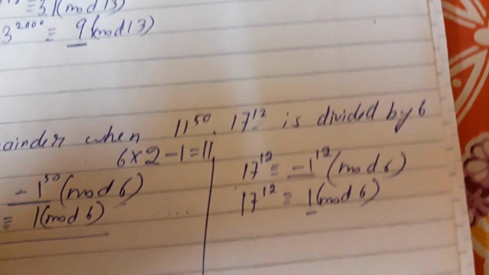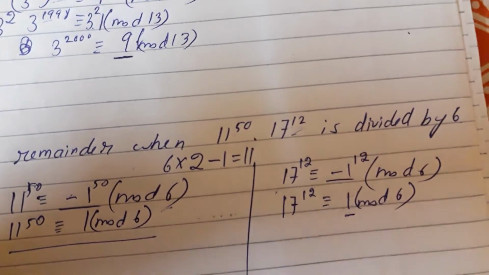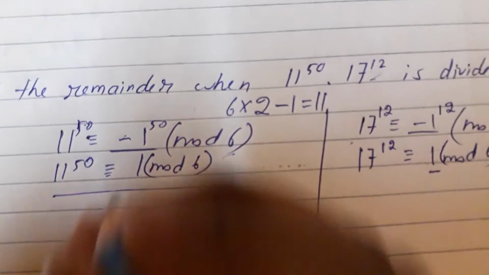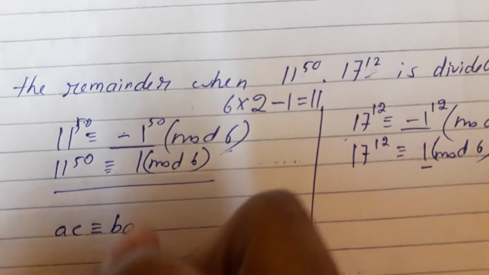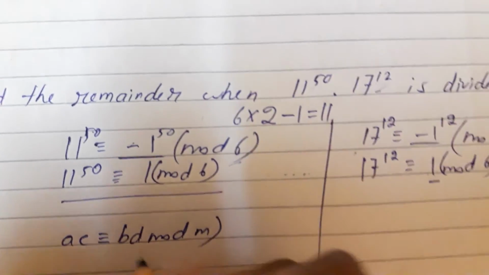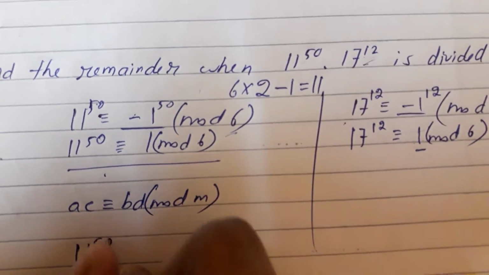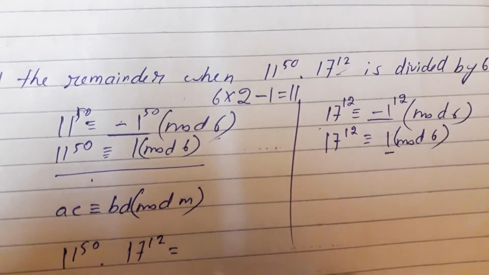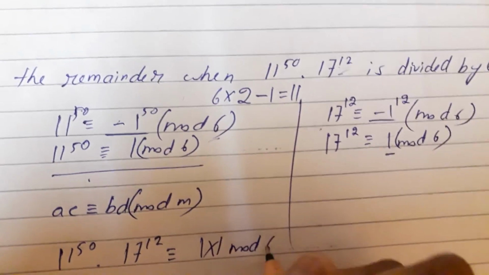Now you have to use the properties of congruence modulo. Which property? Yes, the third property, that is AC congruent to BD modulo M. See, so we can write 11 to the power 50 into 17 to the power 12 congruent to 1 into 1 modulo 6.